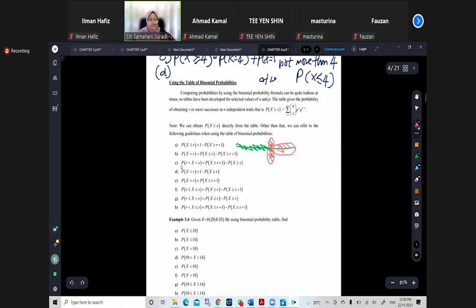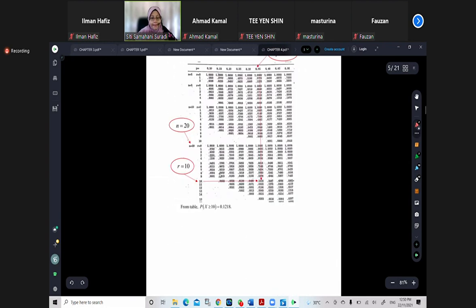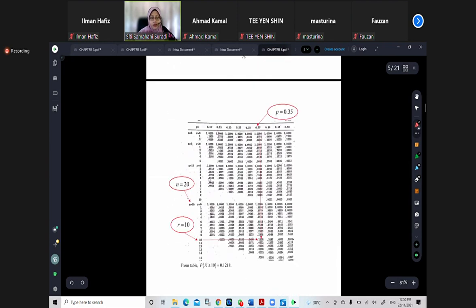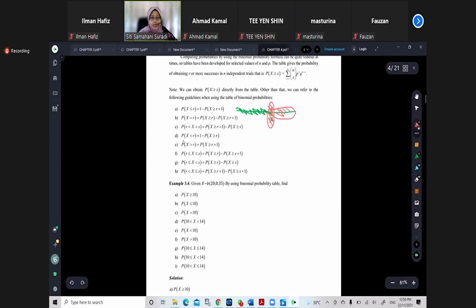Okay, let's say x is in the range between r and s, so you need to consider P(X more than or equal to r) minus P(X more than or equal to s plus 1). This is based on the probability table here later. And then let's say X less than r, so that means you need 1 minus P(X more than or equal to r).